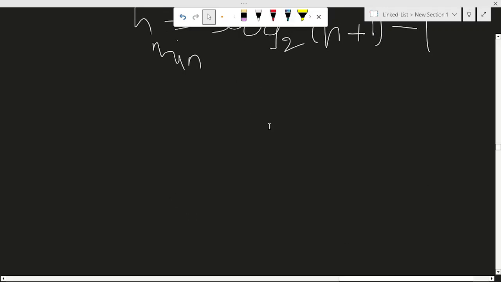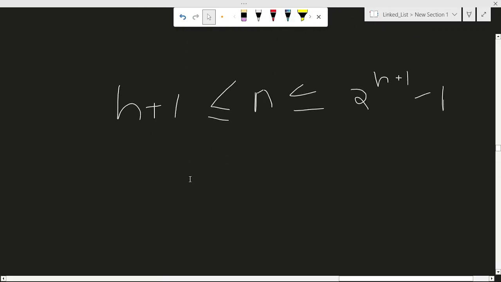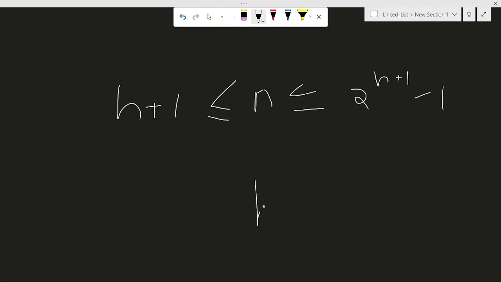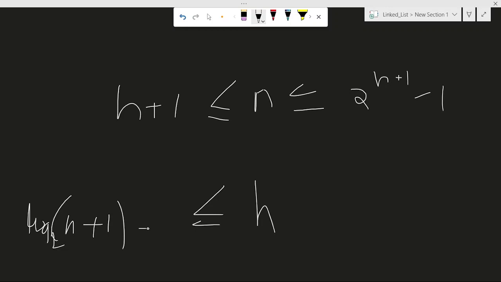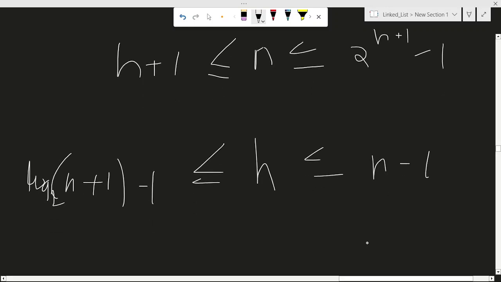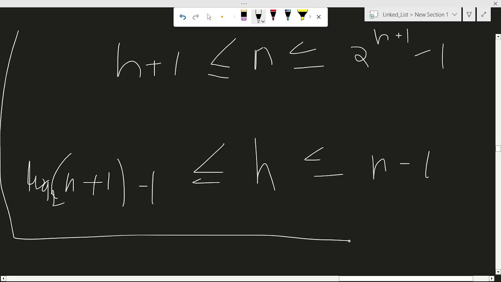For n, what we got is this. For h, the h min is what we got: log 2 of n plus 1, minus 1. And h max is n minus 1. So these two expressions are very important, right?